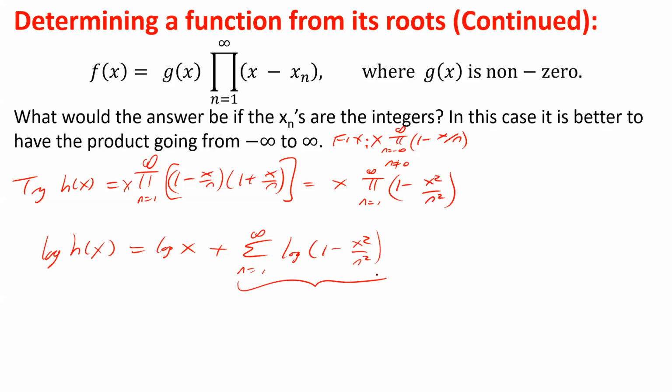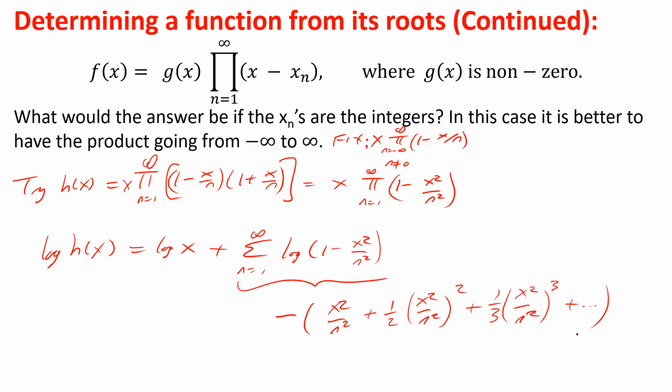And then this part here would be negative x squared over n squared plus 1/2 x squared over n squared, squared plus 1/3 x squared over n squared, cubed, and so on and so on. And so now, if we sum this n goes from 1 to infinity, we're going to get something that'll be absolutely fine.